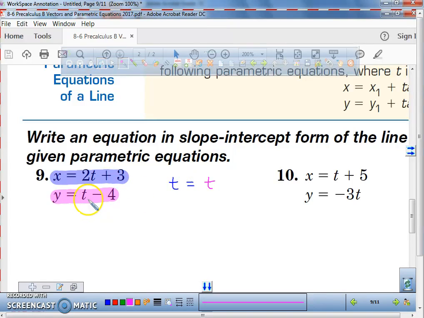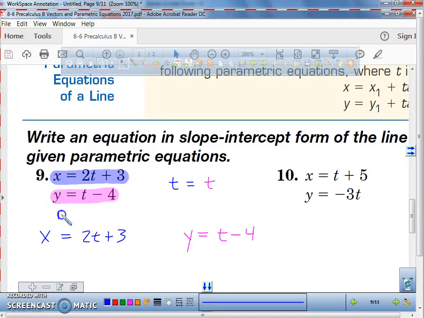Whatever number I plug in for t into both equations will be the same number. So you need to know that t is equal to t. That's the first step. The next thing I'm going to do is write x equals 2t plus 3 and y equals t minus 4.